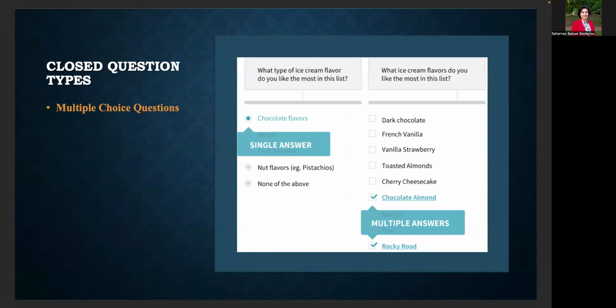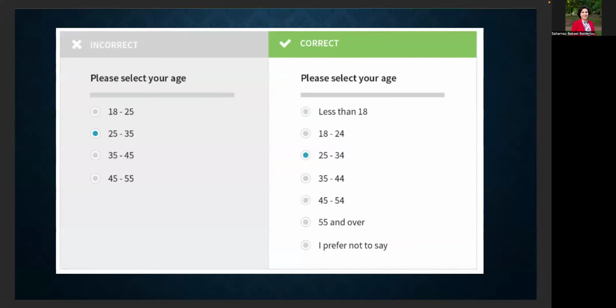They provide clear categories and are simple to analyze. Dichotomous questions offer only two response options, such as yes, no, or agree, disagree. They are useful for straightforward categorical decisions. And we learned about these types of variables that we could create in our analyses for two categories.